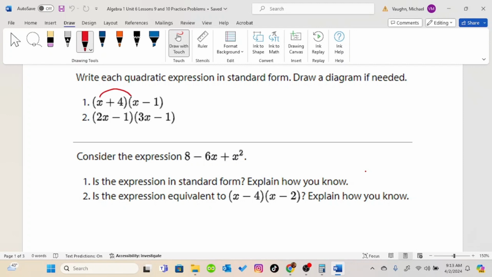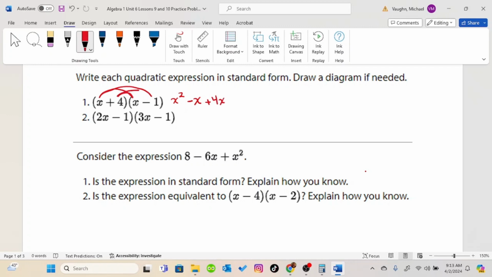X times x is x squared. X times negative 1 is negative x. 4 times x is 4x.